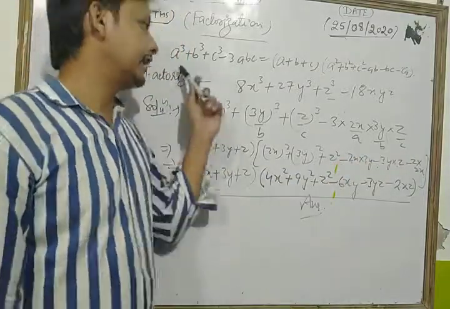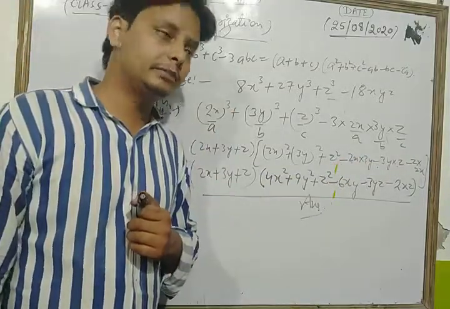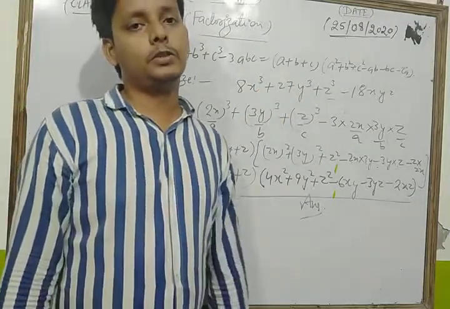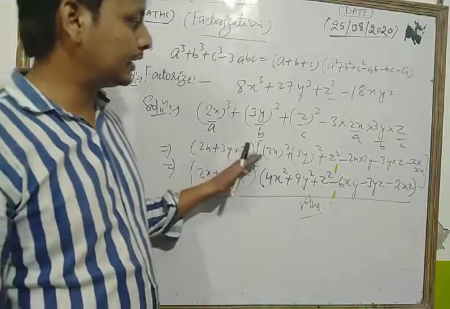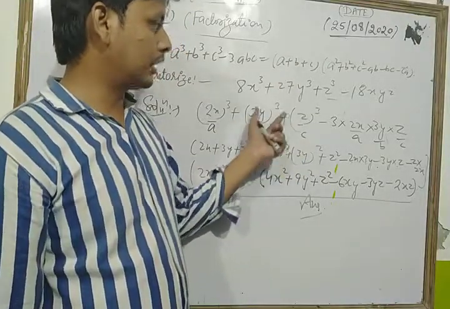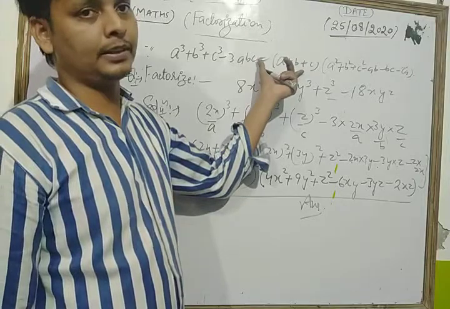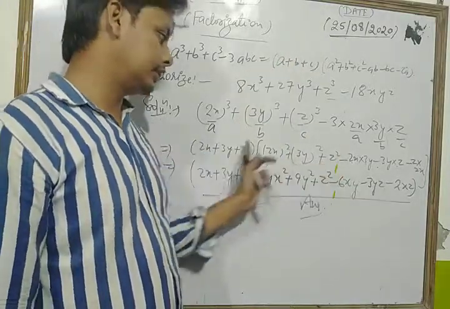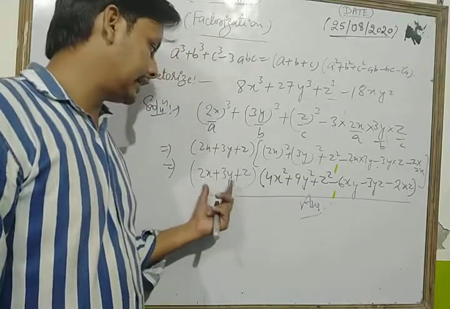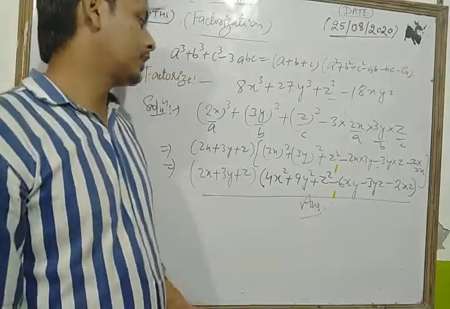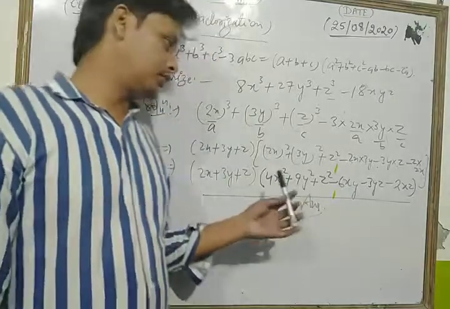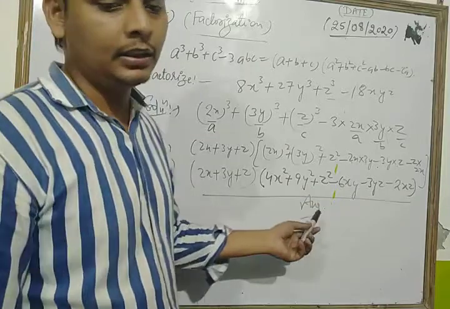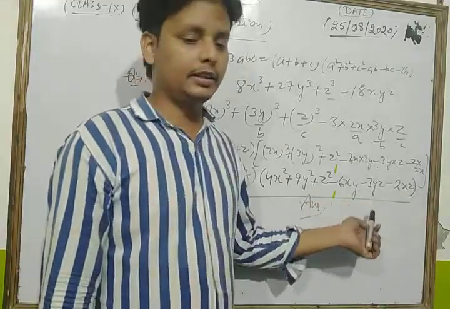Now we use the identity a cube plus b cube plus c cube minus 3abc is equal to a plus b plus c in one bracket, another bracket a square plus b square plus c square minus ab minus bc minus ca. So we expand the given question on that identity, and after solving those expressions we get our result as 2x plus 3y plus z in one bracket and in another bracket 4x square plus 9y square plus z square minus 6xy minus 3yz minus 2zx.